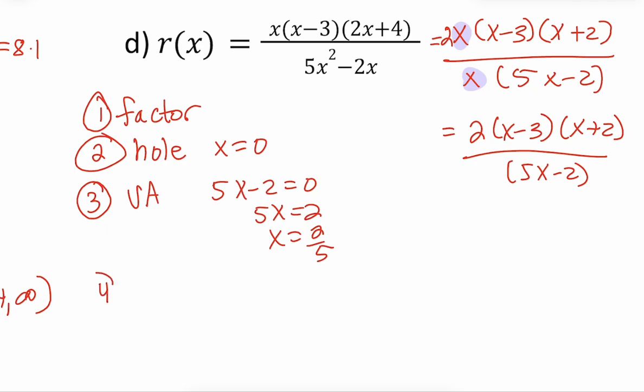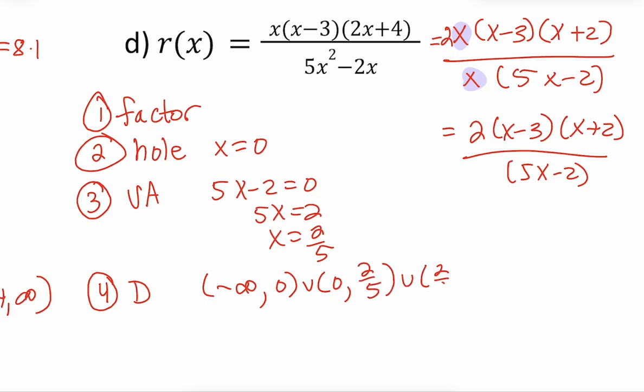So our domain has to include the fact that we skipped 0 and we skipped 2/5. Go up to that hole, jump across it so you don't fall in the hole. Get to our vertical asymptote, jump across it because we can't touch it. There's a force field there.